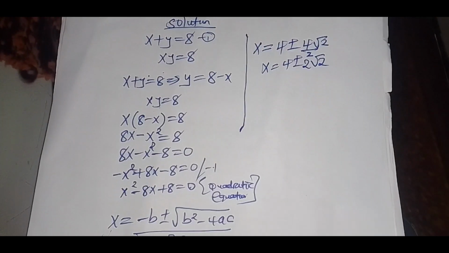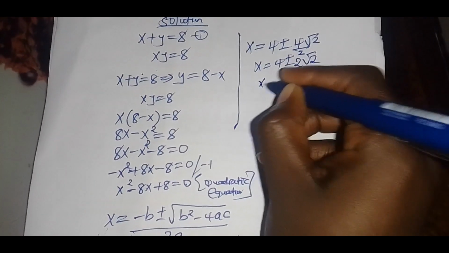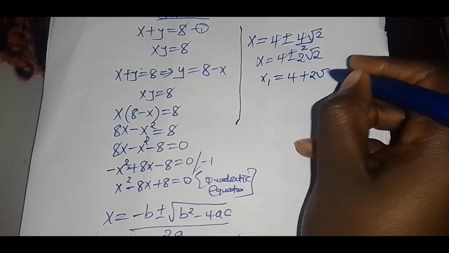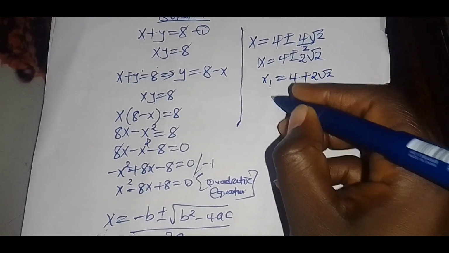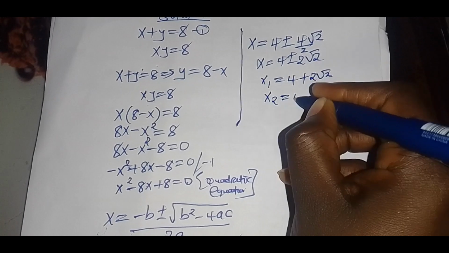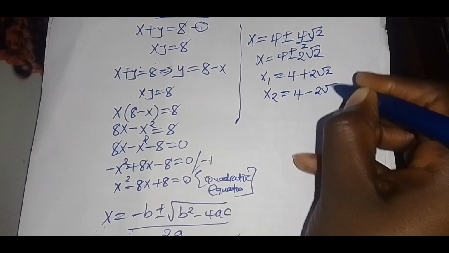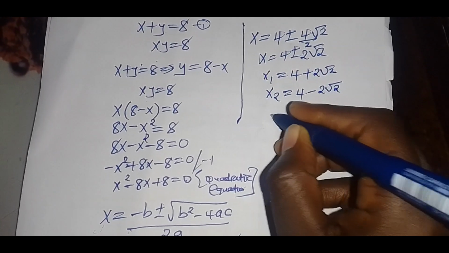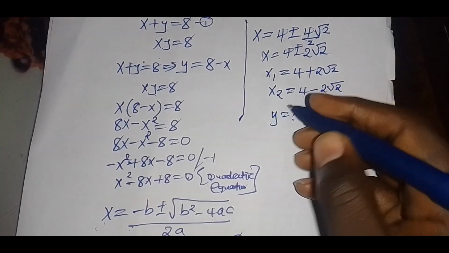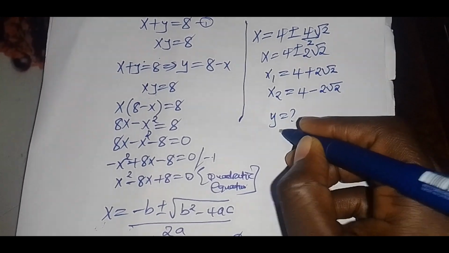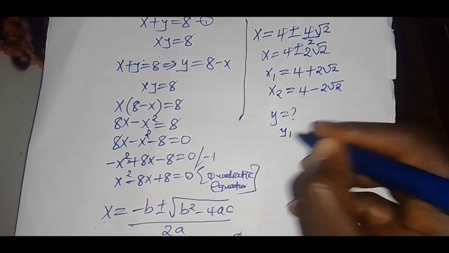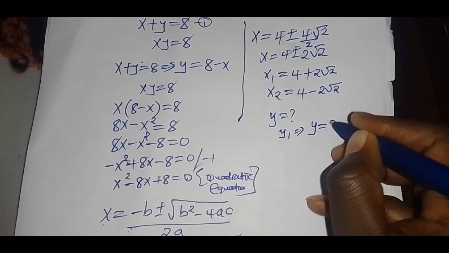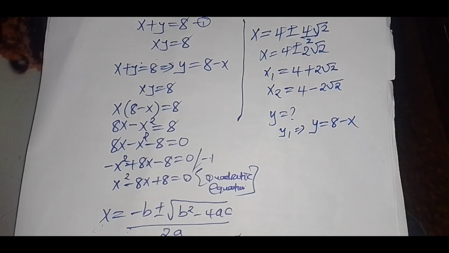So now we have two values of x. x1 is equal to 4 plus 2 root 2, and x2 is equal to 4 minus 2 root 2. Now we need to get the value of y. If you have x1, what is y1? Remember that from our equation, y is equal to 8 minus x.